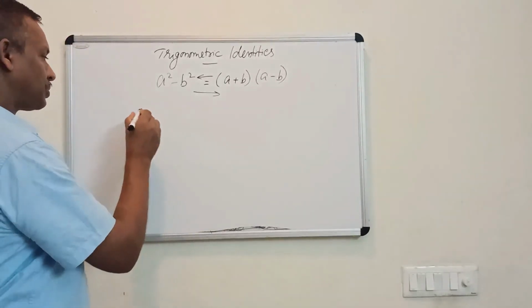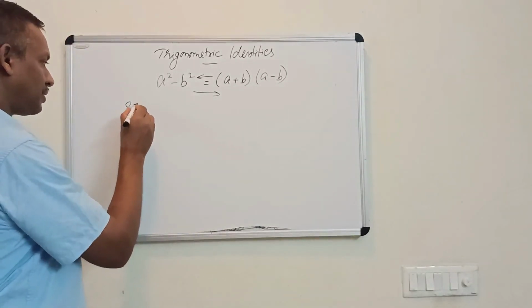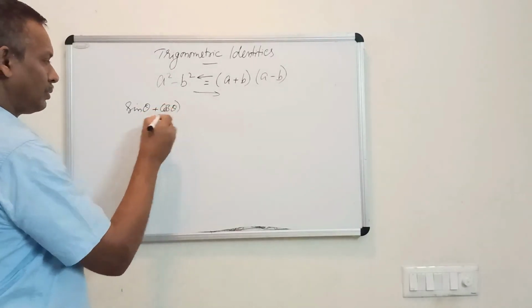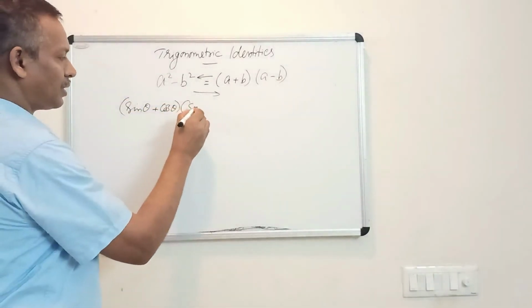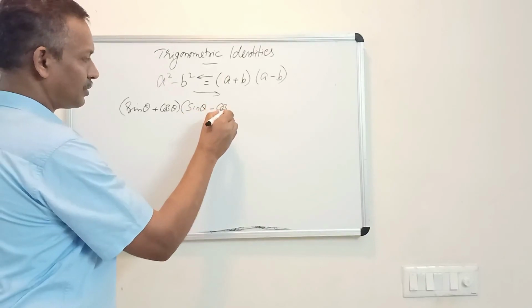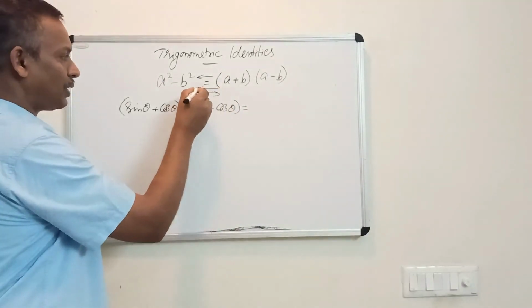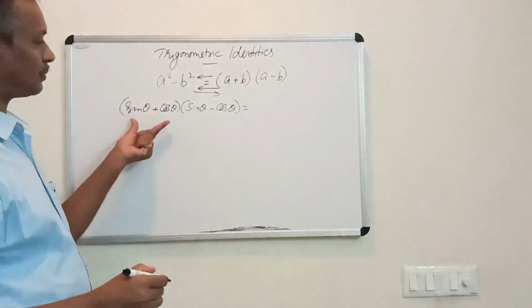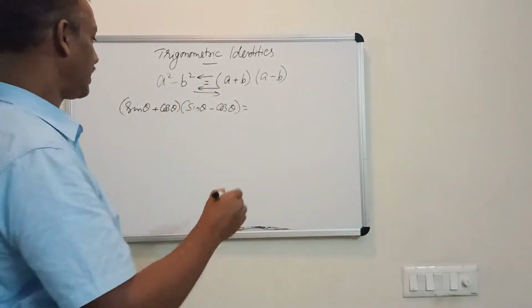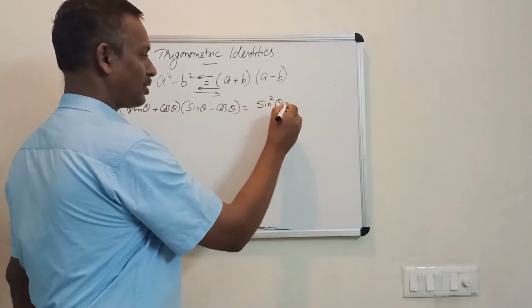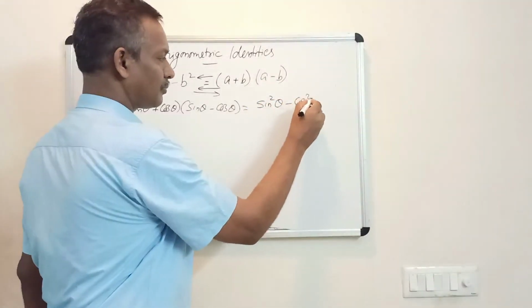For example, if a question is like this, sin theta plus cos theta into sin theta minus cos theta is asked, then we have to move from right to left. This is a plus b into a minus b. Then we can write a square minus b square, sin square theta minus cos square theta.